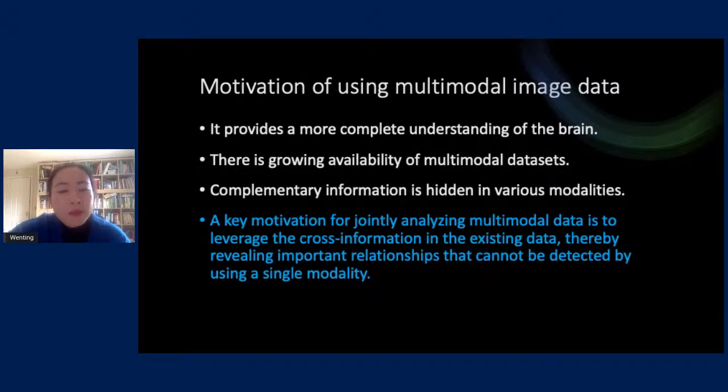However, the complementary information is usually hidden in these various modalities. That is where image fusion comes in.